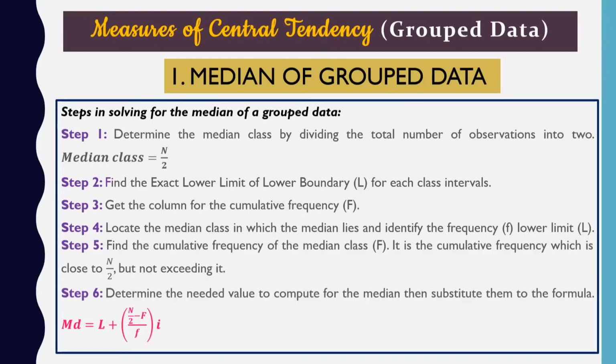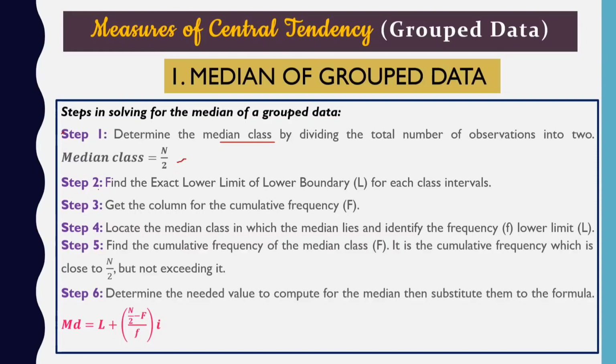Now for grouped data, there are 6 steps that we have to follow. Step 1, we determine the median class by dividing the total number of observations by 2. So we have the formula, median class is equal to n over 2.